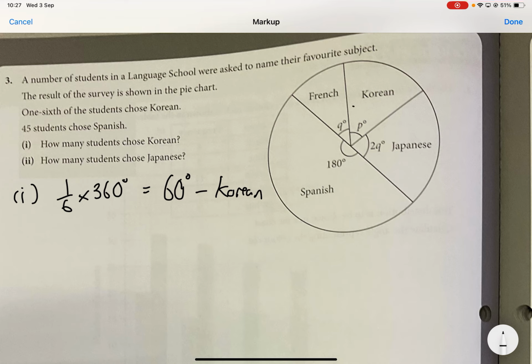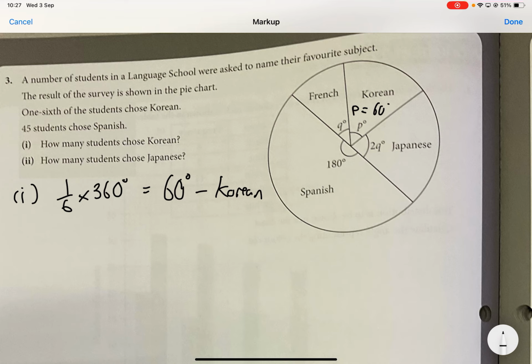So you can also know actually P equals 60. Okay? But this one doesn't solve the question. They want to know how many students chose Korean. They don't want to know the degree that represents Korean. So how many students?